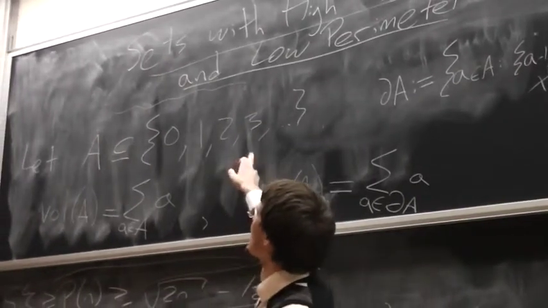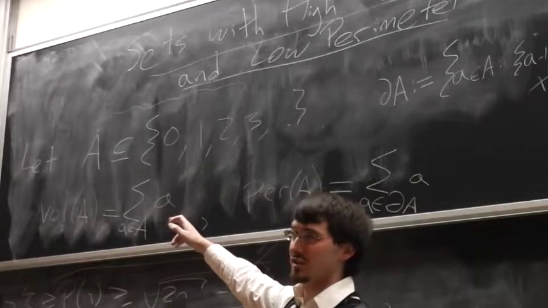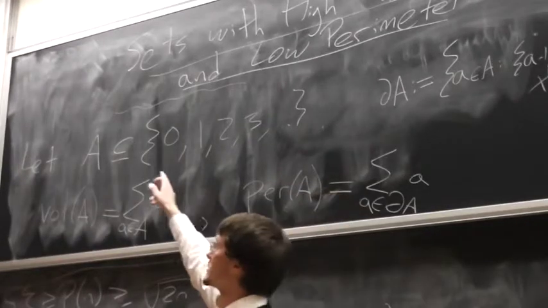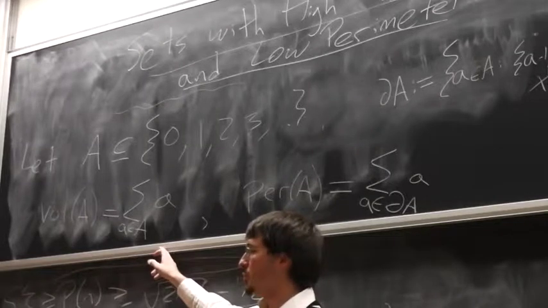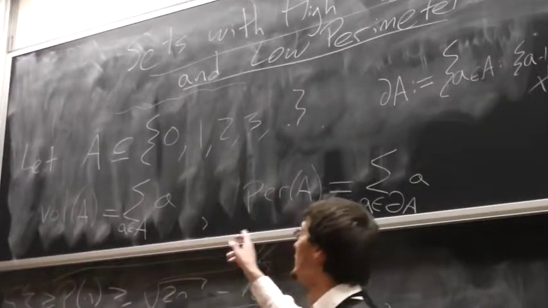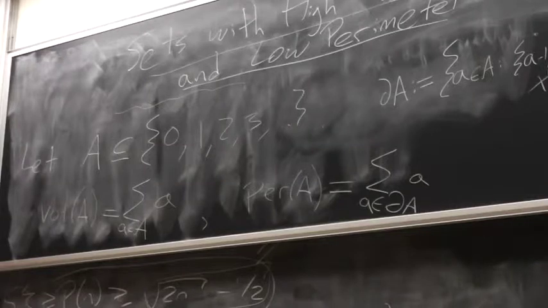But if you change the universe where your sets live, if you allow negative numbers in your set, you can still make sense of volume, which is hopefully over a finite set, for instance. You can still make sense of perimeter, again, hopefully finite. Which is what they did in the original paper. Turns out that's a lot easier, and you're able to get an answer without that much work, which is pretty good.